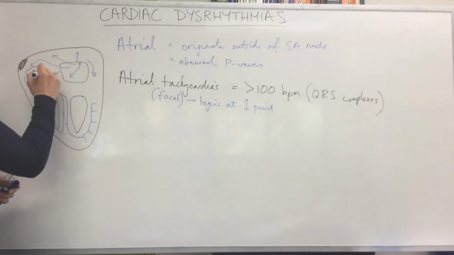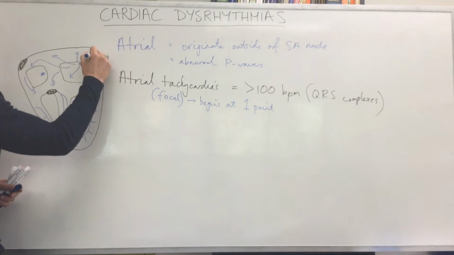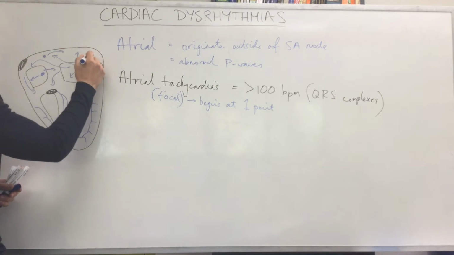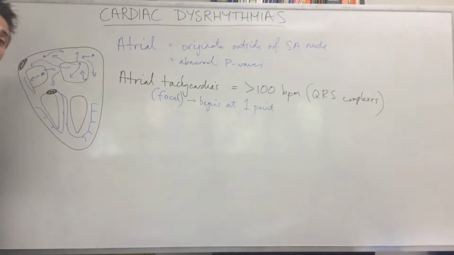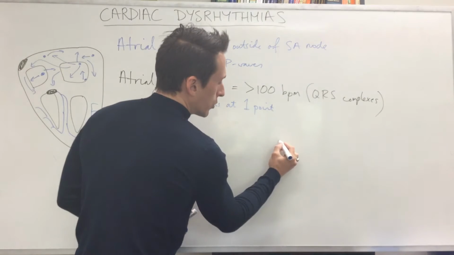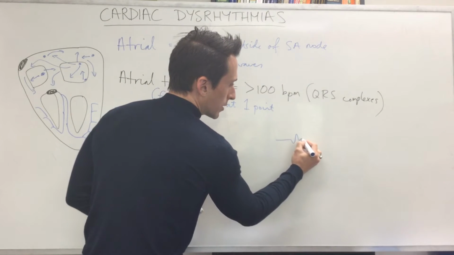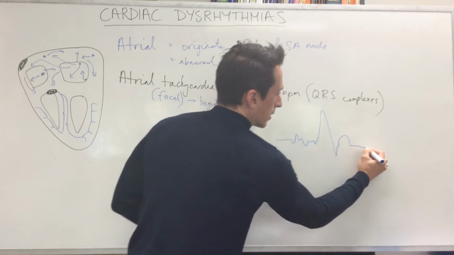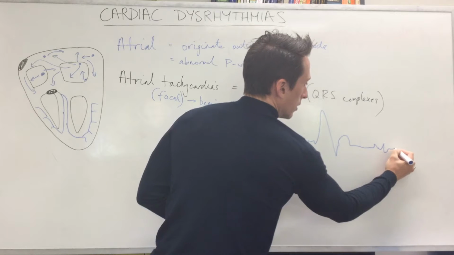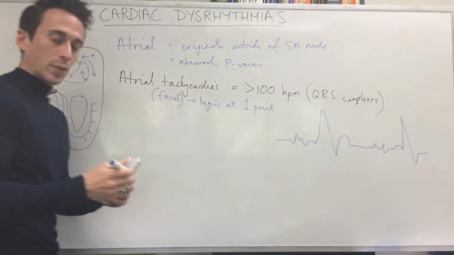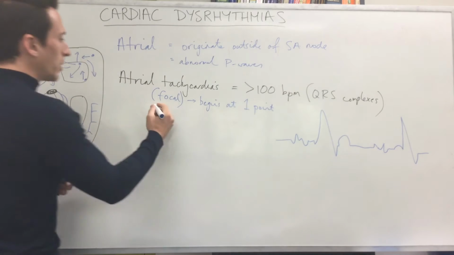And what that means is it can originate here as well, and here as well, and here as well, and here as well. And so you get all this very strange looking depolarization events where you should see the P wave. So you see some very strange, sometimes it looks inverted, sometimes it's up, sometimes it's down, and then you get normal QRS complex. And then again you get this strange looking P waves, okay?